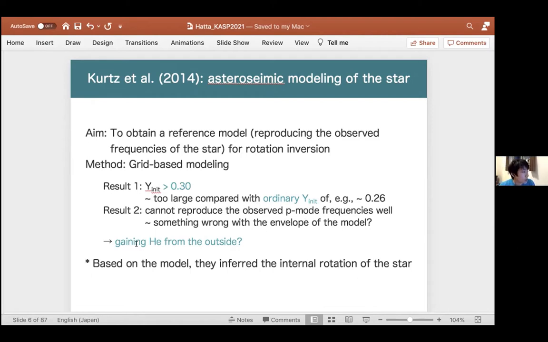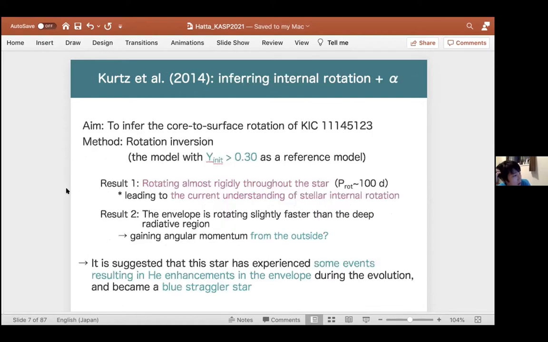Based on these 2 results, they suggest the possibility that this star may well have gained helium from the outside. Anyway, based on the model, they inferred the internal rotation of the star, which was the second aim of their paper.